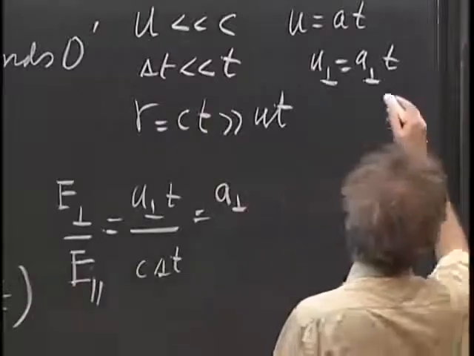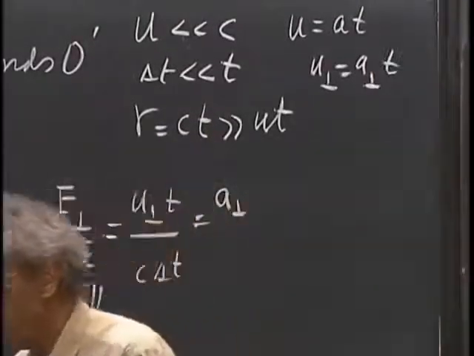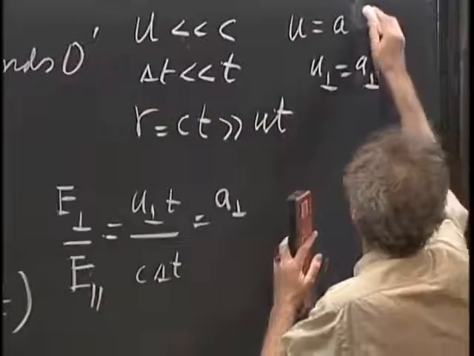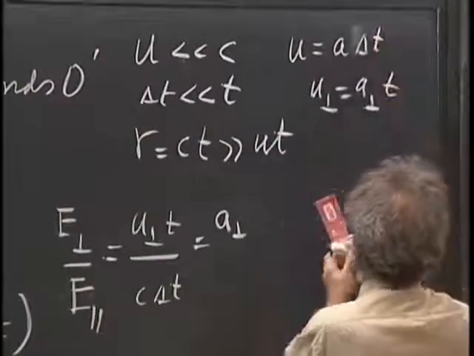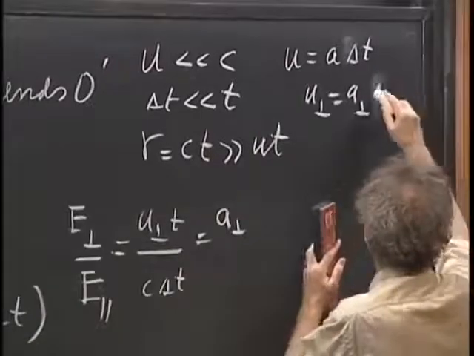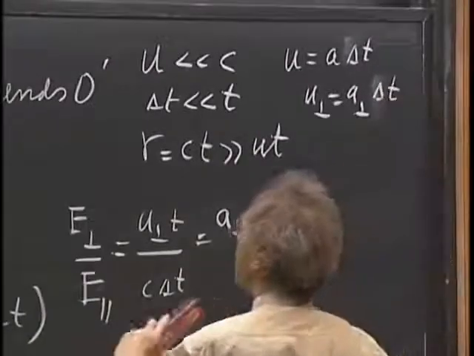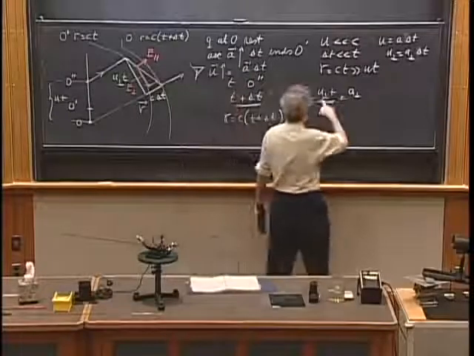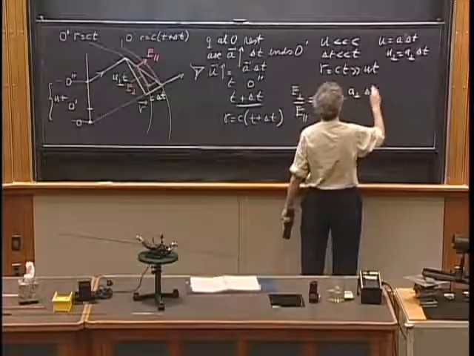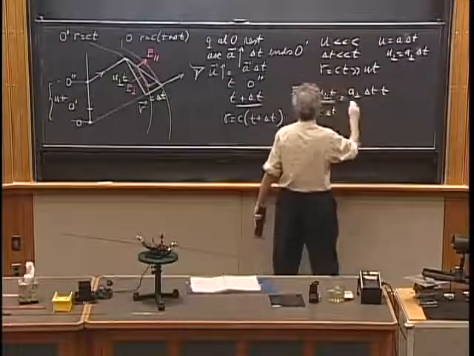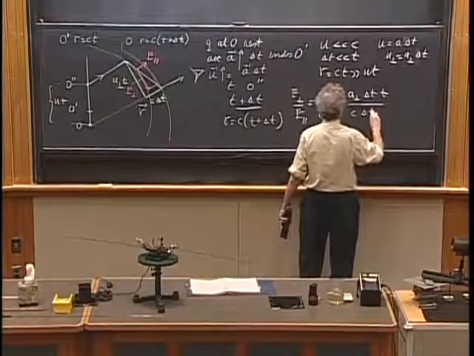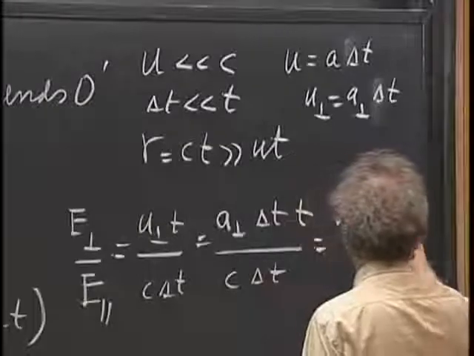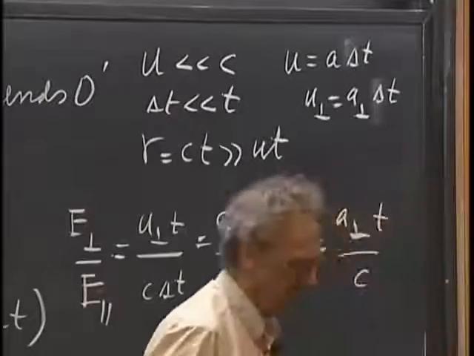This is a perpendicular times delta t. You guys should have screamed because the acceleration only lasts for delta t seconds. Only delta t seconds. So now I get a perpendicular times delta t times t divided by c delta t. And so that is a perpendicular times t divided by c.